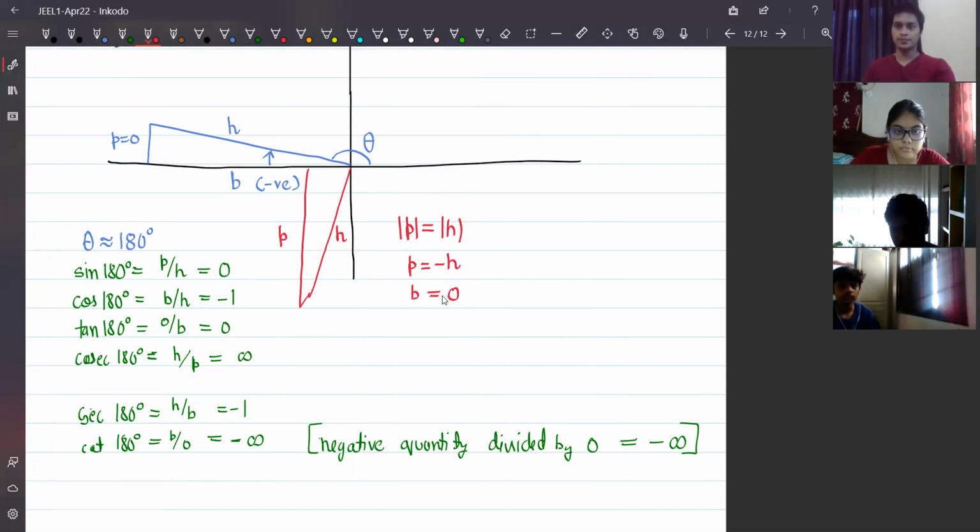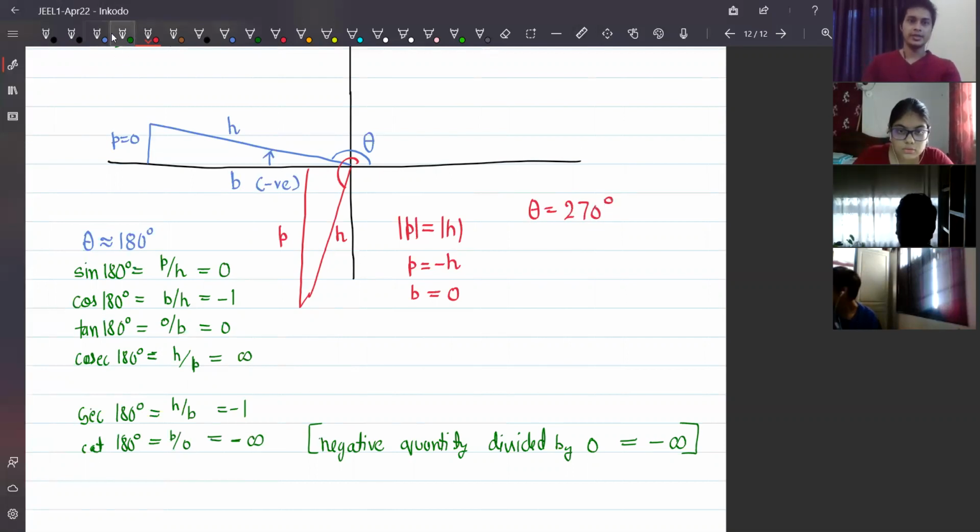And the base is 0. Vaishnavi, tell me the value of sine 270. Sine 270 is P by H. But perpendicular is minus of H, so minus 1.